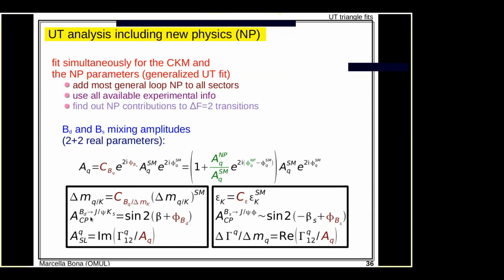Then you just reinterpret all your observables, taking into account this shift either in amplitudes or in phase for the angles. So this is how the amplitude is changed with this generic new physics contribution.